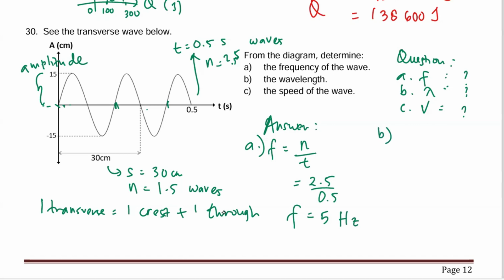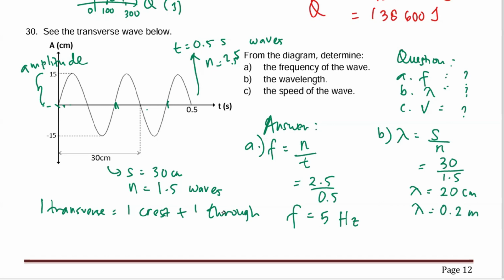And then B asks for lambda, the length of one wave, so S over N is 30 over 1.5, which is 20 centimeter. That's lambda, or 0.2 meter.